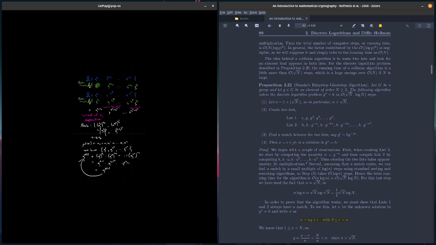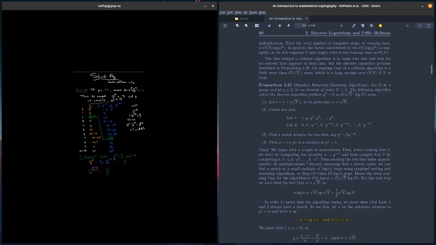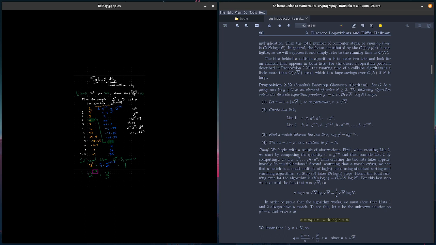And the core premise of dealing with Shank's algorithm is that if our exponents lie in some prime field, say 1 to p, we can solve the discrete log problem in at least the square root of p steps. That is, we can solve it in no more than the square root of p steps. So if we're computing over some prime field of 256 bits, then we can solve the discrete log problem in 2 to the 128 steps.